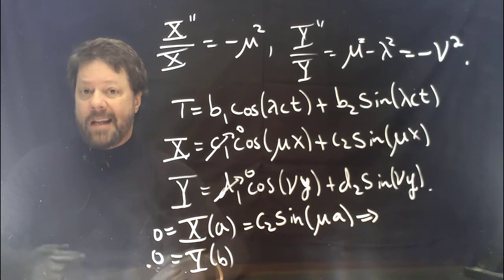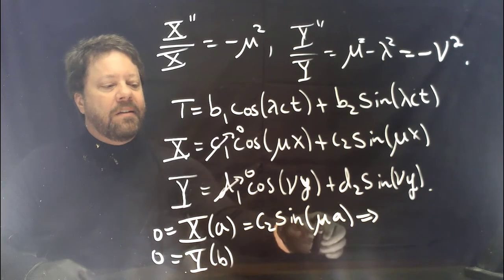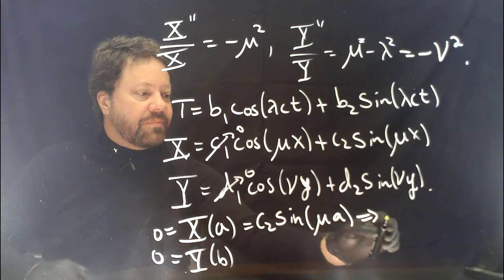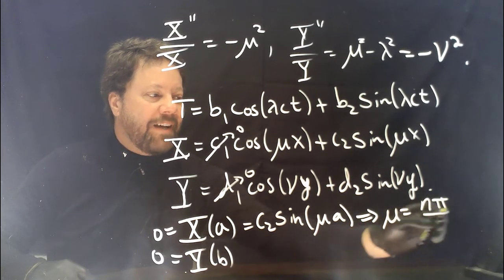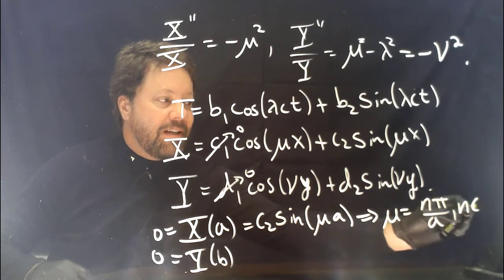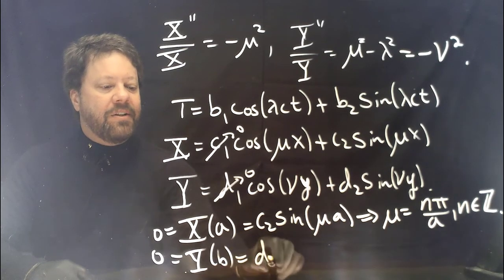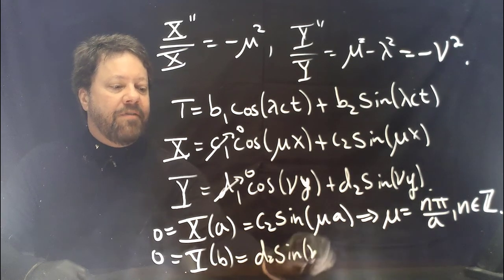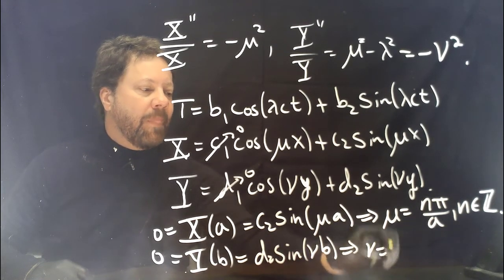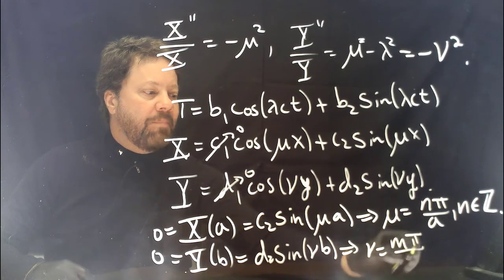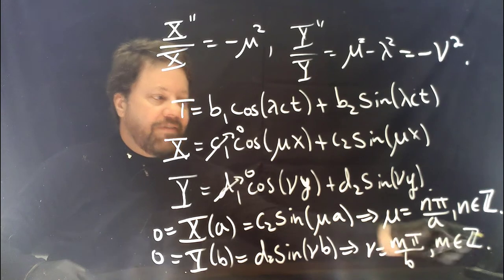Assuming that C2 is not 0 and we don't have uniformly 0 displacement, we'll have mu equal to n pi divided by A, where n is an element of the set of integers. We'll also have D2 sine of nu B equals 0, which implies then that nu is m pi over B, where m is also an element of the set of integers.